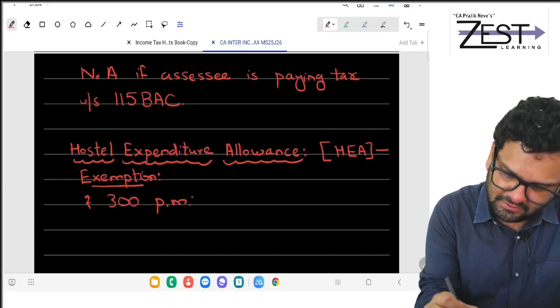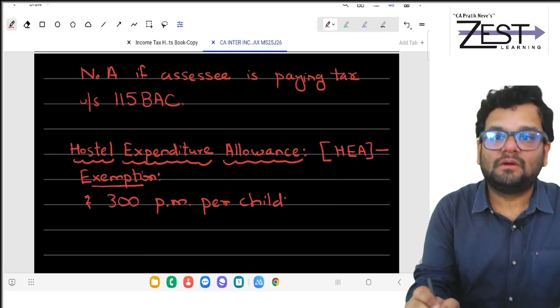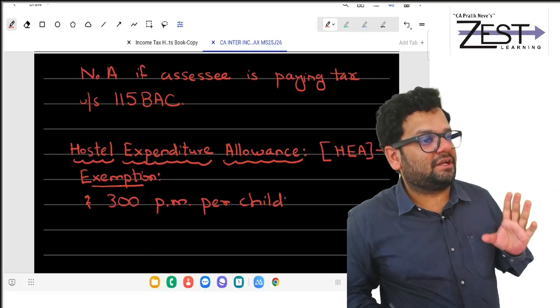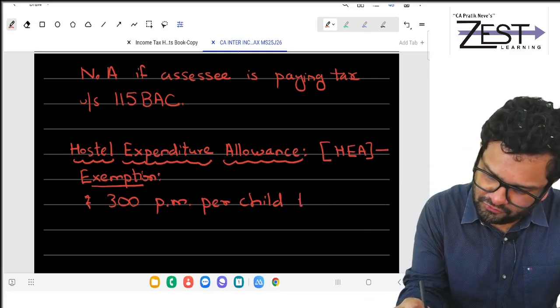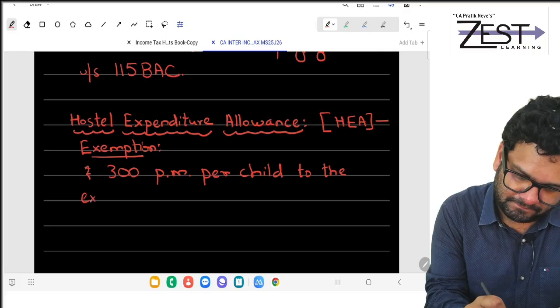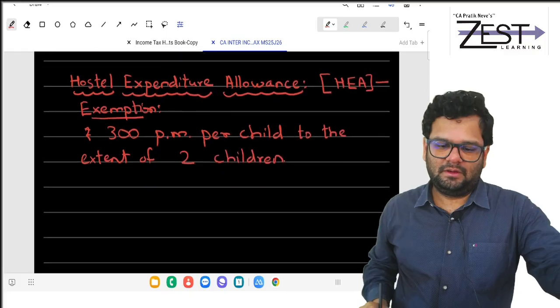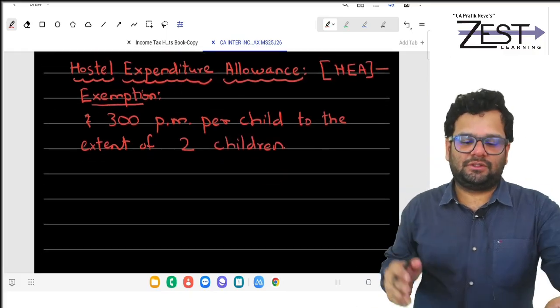Per month per child, to the extent of what? To the extent of 2 children. Clear? So I will show you examples for this.